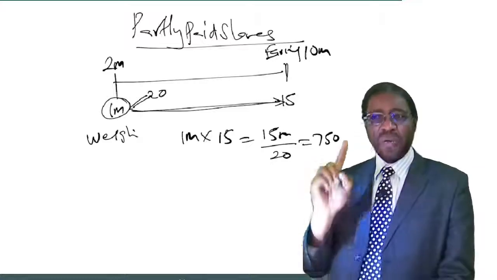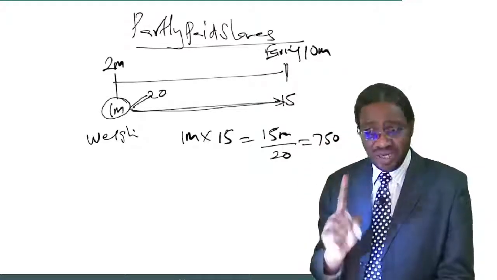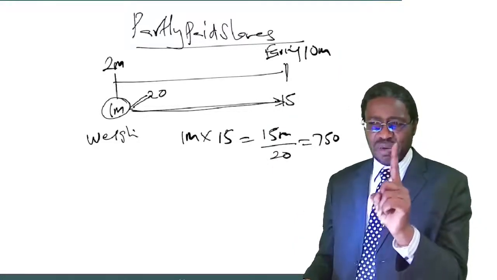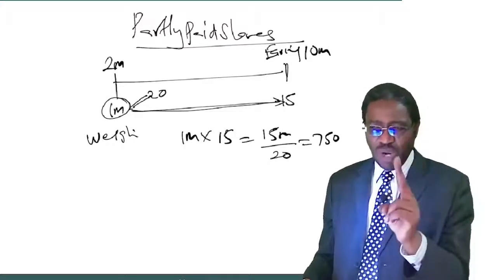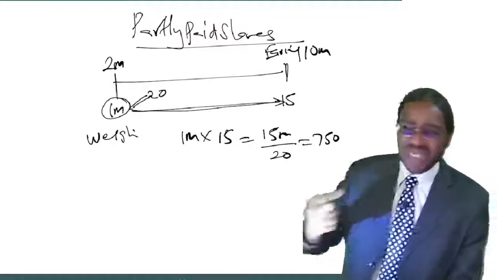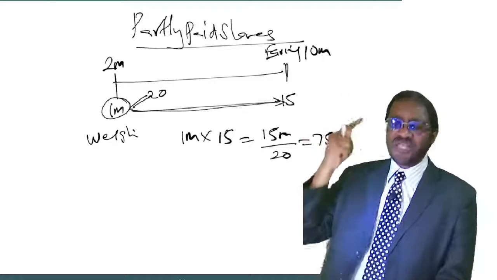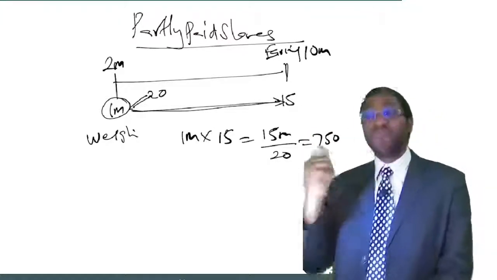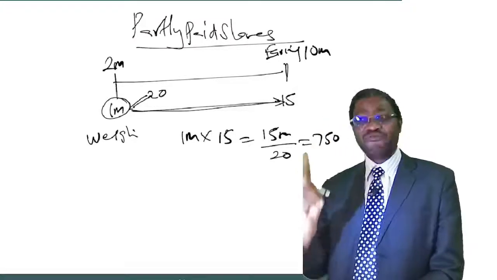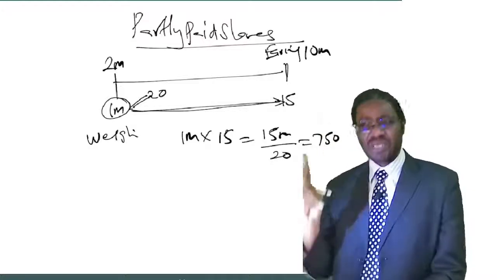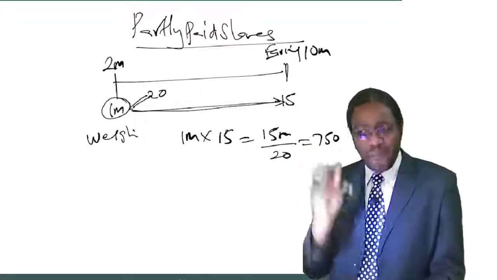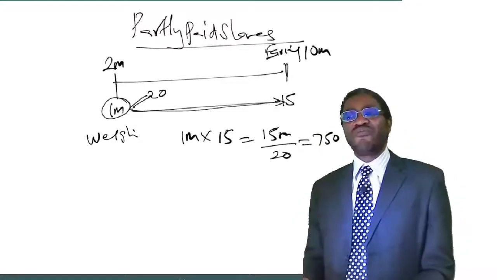Because they have only paid me 15 million, I issued to them 1 million, but out of the 1 million, only 750,000 will participate in dividend. In other words, only 750,000 are considered to be fully paid. And I said, when shares are partly paid, for purpose of basic EPS, consider them only to the extent that they are fully paid.